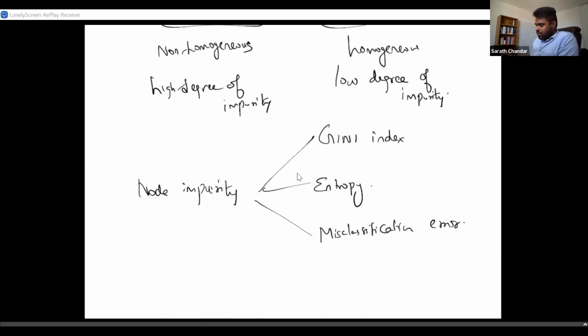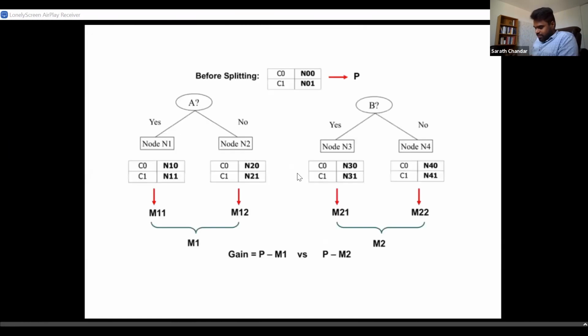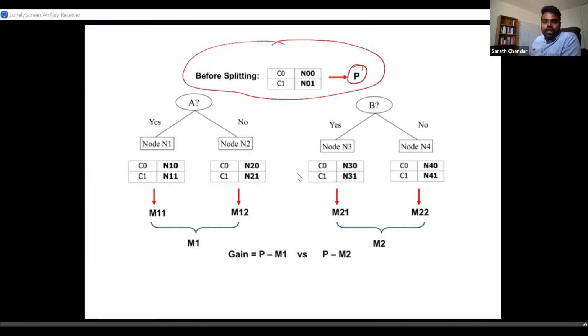Okay, so the general procedure is this. So usually before splitting, I would have some number of class 0 and some number of class 1. Okay, I can compute this measure. Let's call it P. This tells how pure is this node. Okay, now I have 2 options to split.